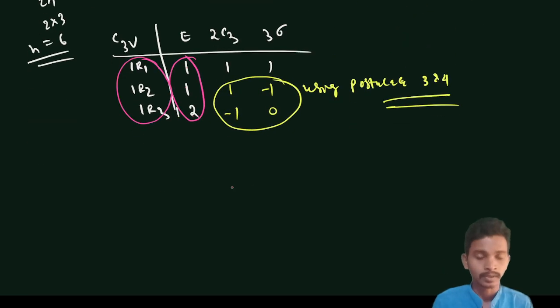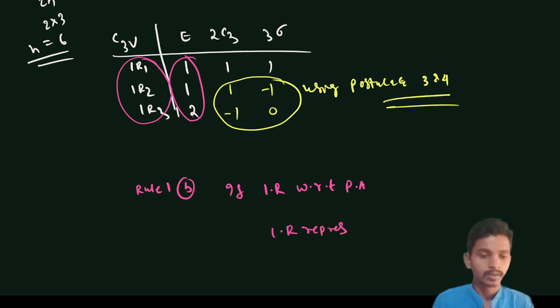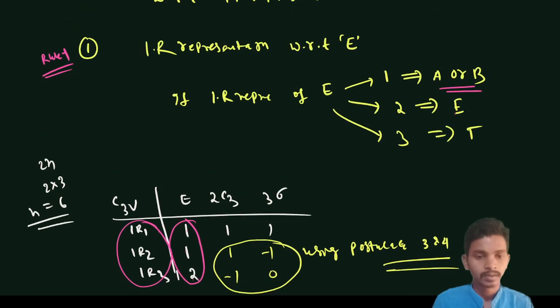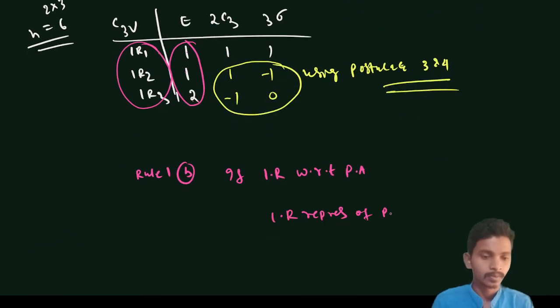I'm just doing a quick recap. So rule 1B: if the IR representation of the principal axis is positive, then that is A, and if it is negative, then this is going to be B.